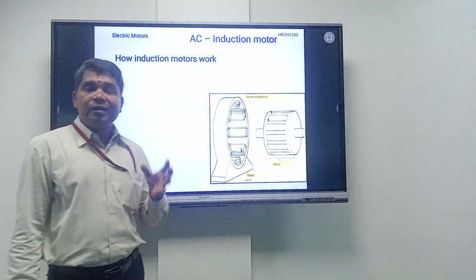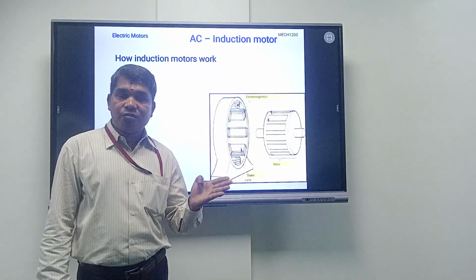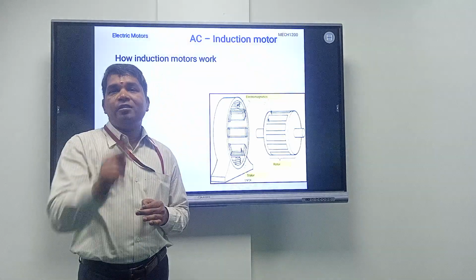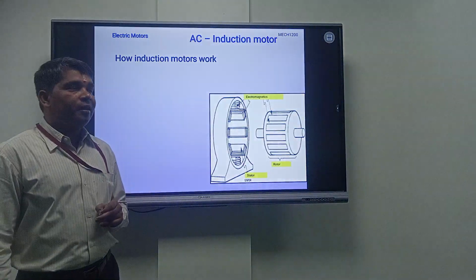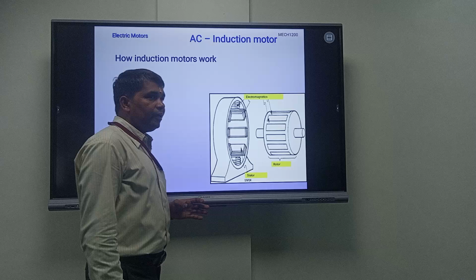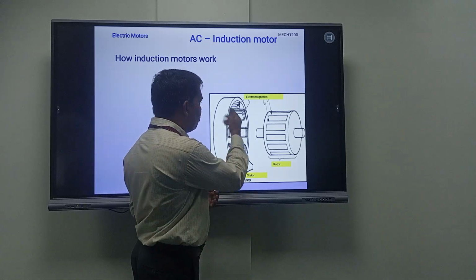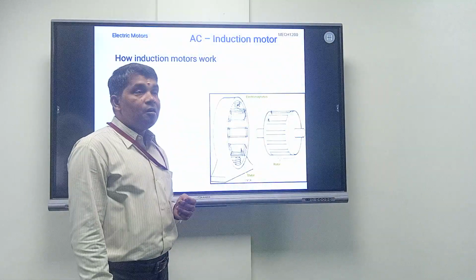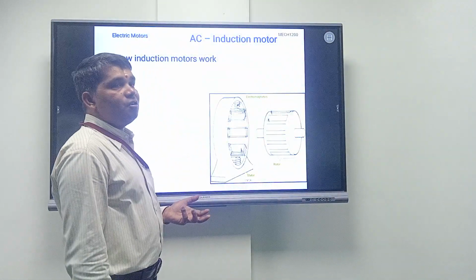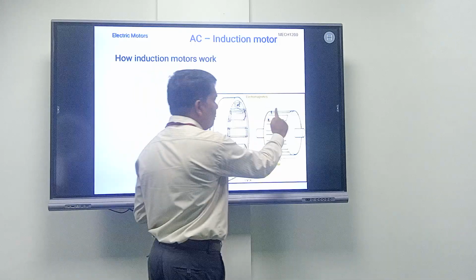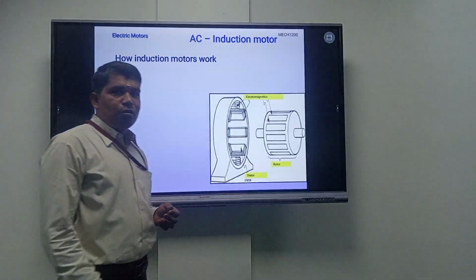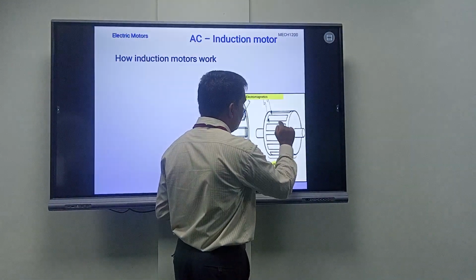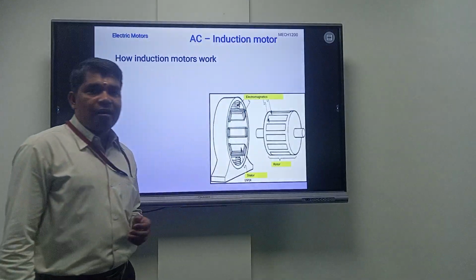The way the flux produced by the primary winding current in the transformer also links the secondary winding, similarly in the induction motor the current flowing through the stator winding produces magnetic flux which also links your rotor winding, and hence EMF is also produced in the rotor winding according to Faraday's law.